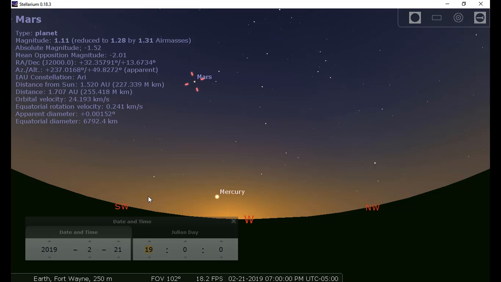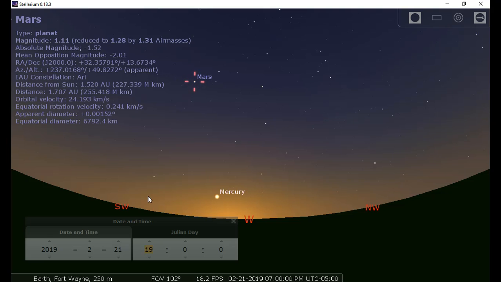It's at 49.8 degrees. And that azimuth measurement of 237 that we're looking at here, that azimuth is with north set to 0 and then moving clockwise around the Earth through those directions from north to east to south to west.